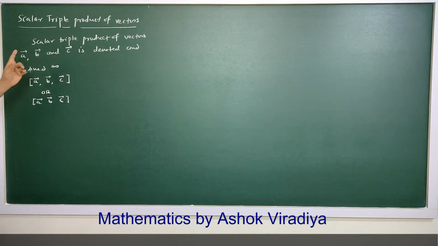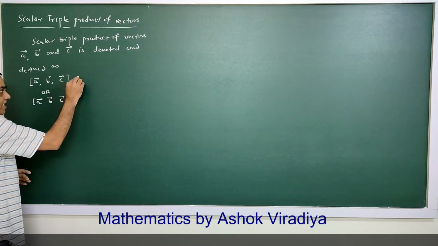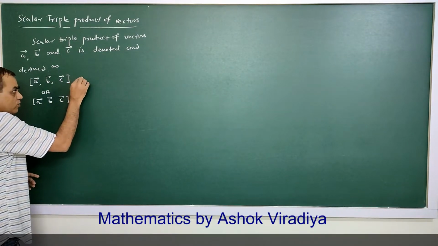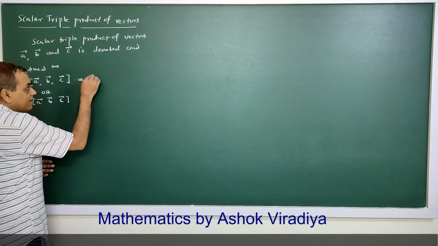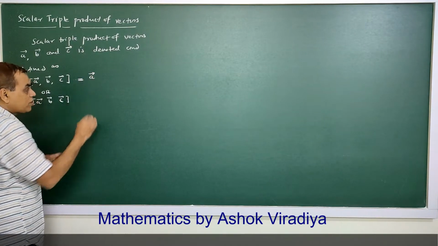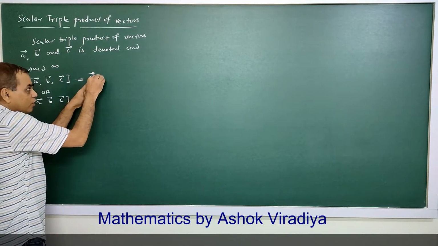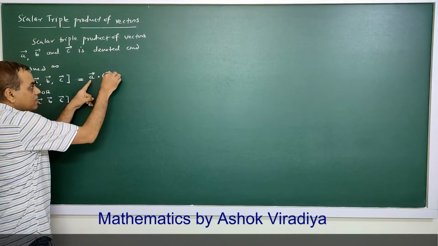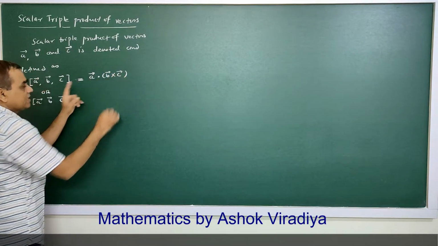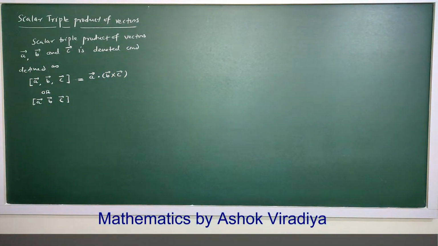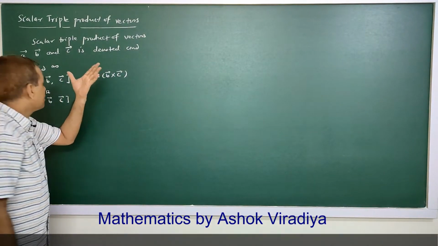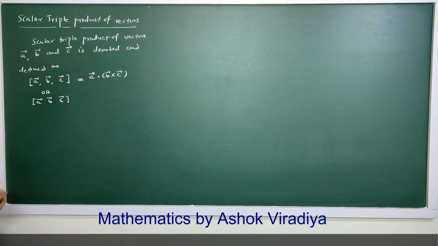So this is the notation of the scalar triple product of three vectors, and the definition is, it is nothing but a dot product of vector A with B cross C. So this is the definition.